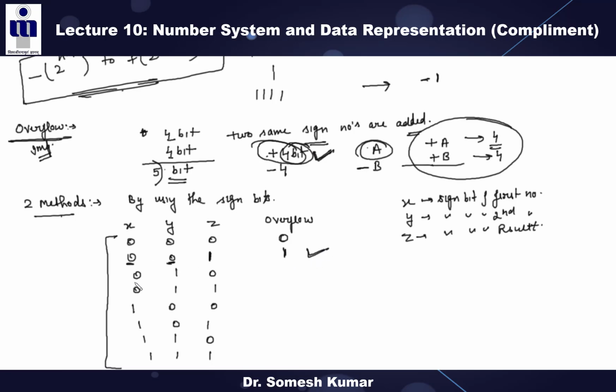In the next case, if the first number sign is 0 and the other is 1, both have opposite sign, then there must be no overflow. In the next case also both have opposite sign.